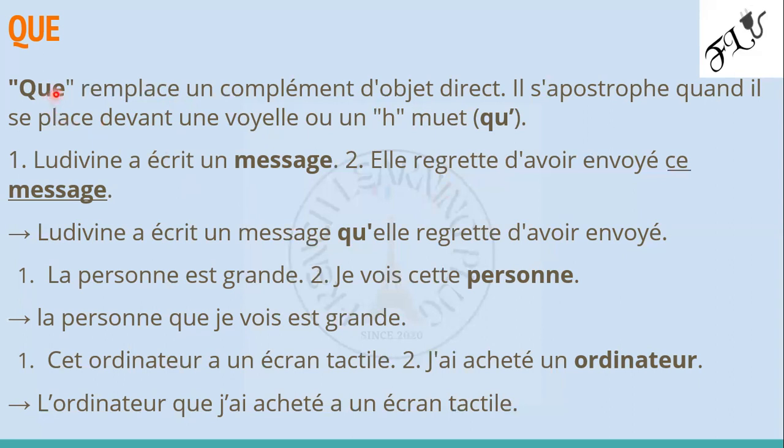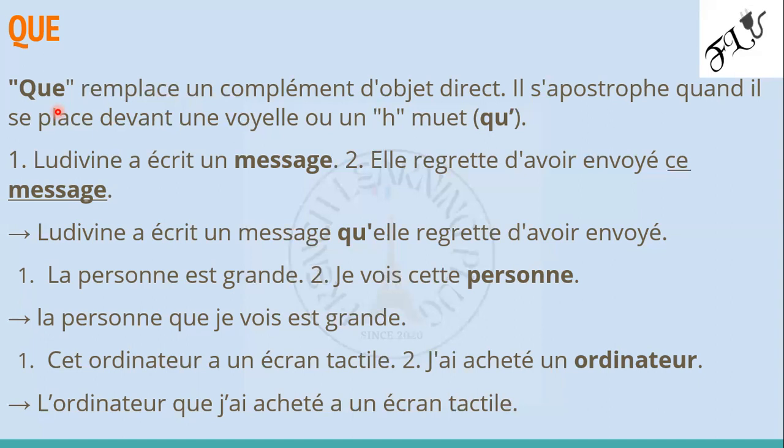So que replaces a direct object complement. What is a direct object complement? A direct object complement is actually the object of a sentence. There are two types of objects of a sentence. You could have a direct object, you could have an indirect. This one is replacing direct, not indirect, okay?